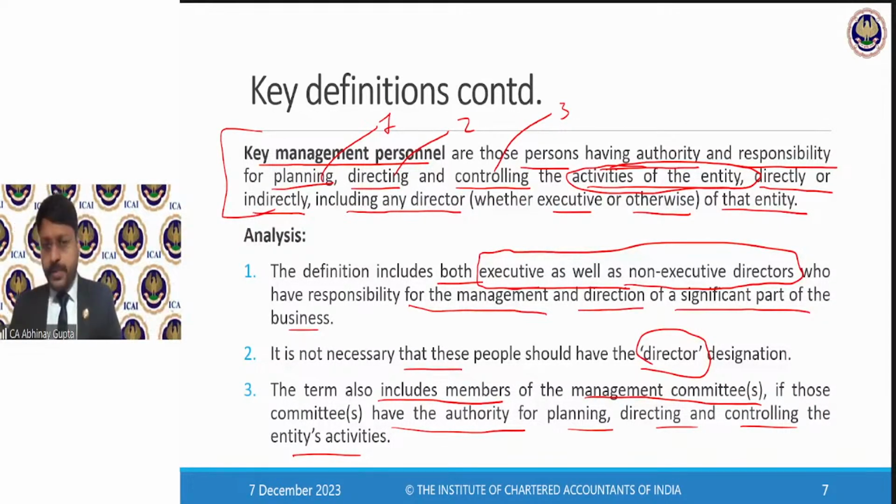Okay. Is that clear? Just type in the chat box so that I can move on. Or if there is any doubt, just ping that as well.